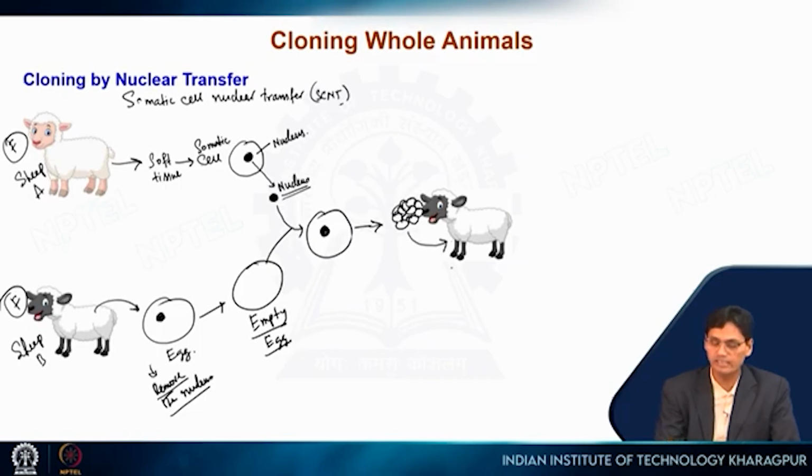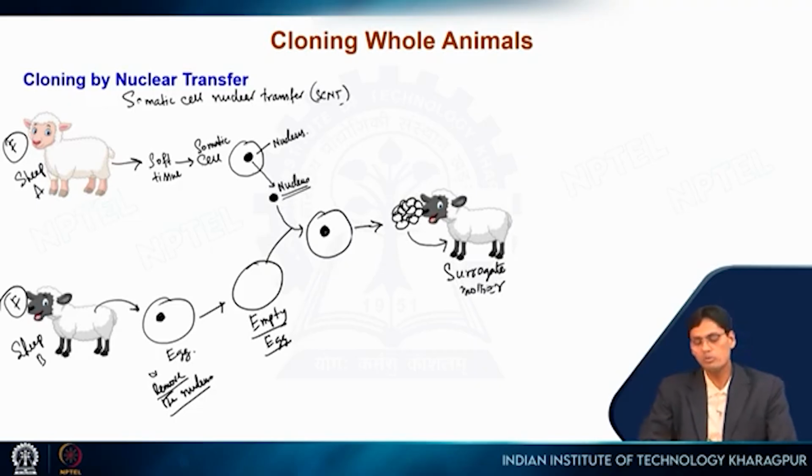So, this is the surrogate mother. Now, as you can see, this is the embryo, and if we put this embryo in the surrogate mother, then she will give birth to a baby sheep.